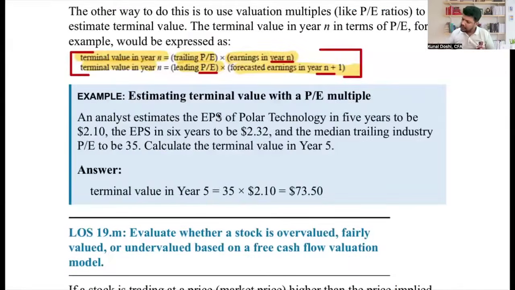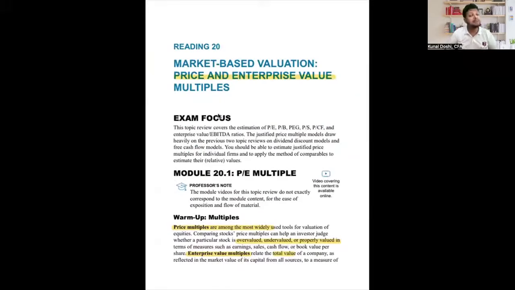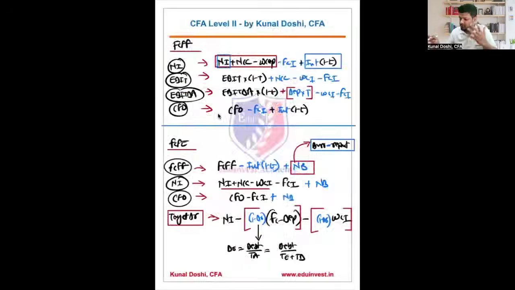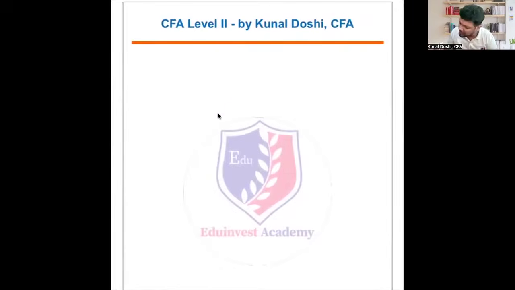Now let's move to the relative valuation based approach, which is also called market based valuation, or PE based, or EV EBITDA based valuation approach. I use the reference here. This is going to be reading number 4. I don't care about what the actual reading number is.